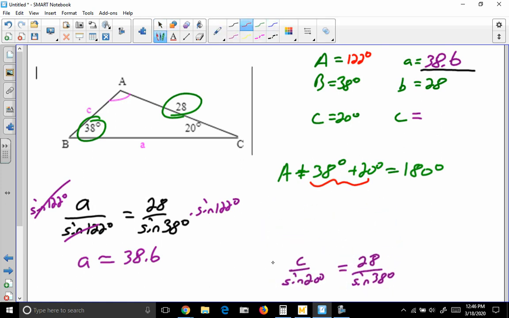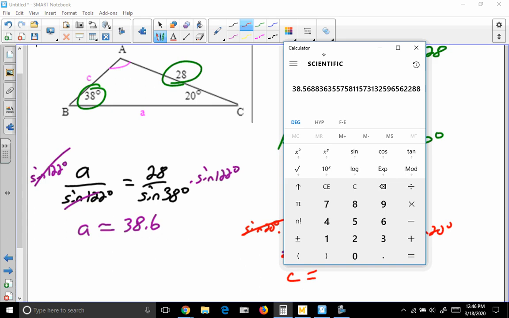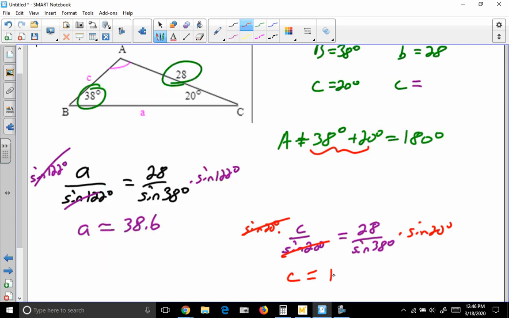Multiply both sides by sine 20. Since we have sine 20 on the bottom and sine 20 on top, c is 28 divided by sine of 38 times sine of 20, which is 15.6.